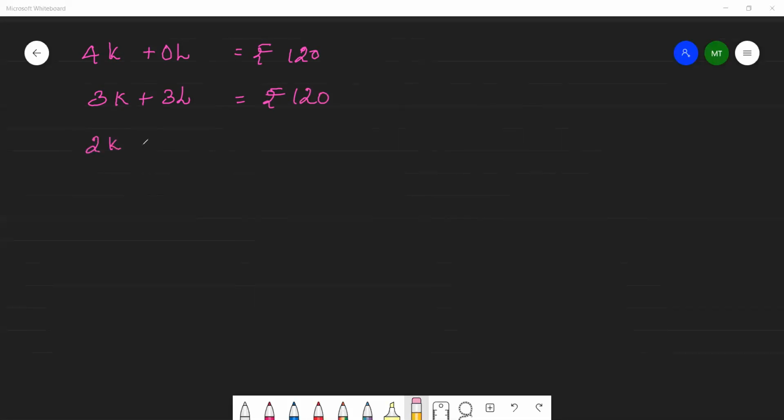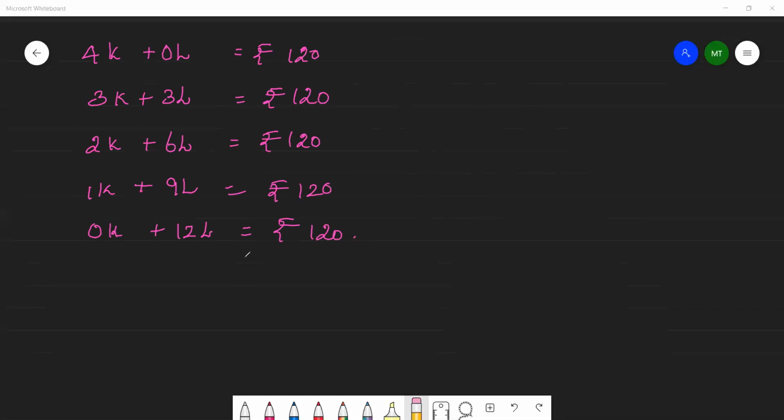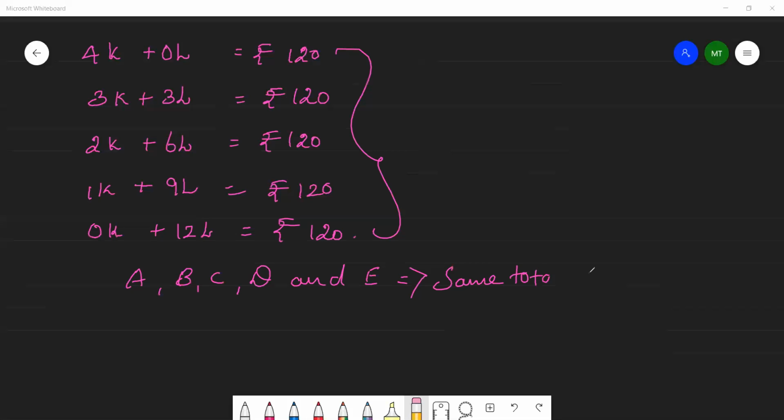Then 2K plus 6L is equal to rupees 120. Then 1K plus 9L is equal to rupees 120. And 0K plus 12L is equal to rupees 120. So all the combinations A, B, C, D and E cost the same total expenditure.